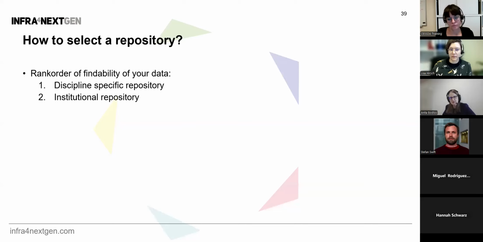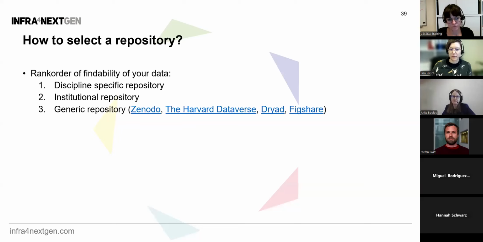If there is no discipline-specific repository available, the second choice usually is an institutional repository, so a repository that is provided by your organization. And the third choice would be a generic repository or catch-all repository that accepts data from all disciplines and institutions like Zenodo or the Harvard Dataverse, Dryad, or Figshare.